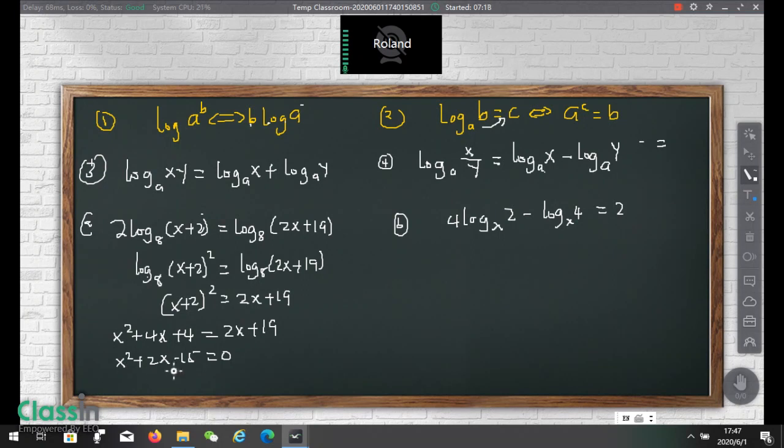We can solve this quadratic equation. If you do not know how to solve a quadratic equation, please check my video on solving quadratic equations. This is simply (x minus 3)(x plus 5). Anyway, we can factorize, we can use the formula, or we can use completing the square. So x is equal to 3 or x equals negative 5.